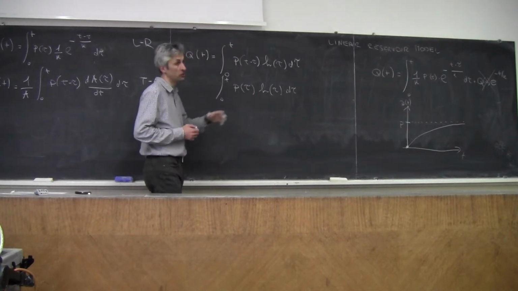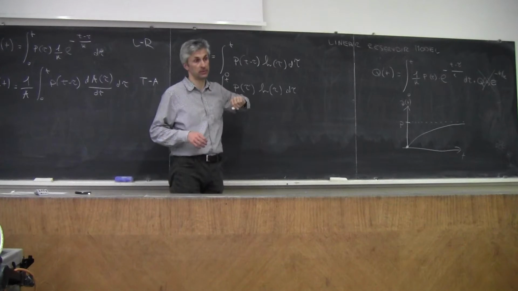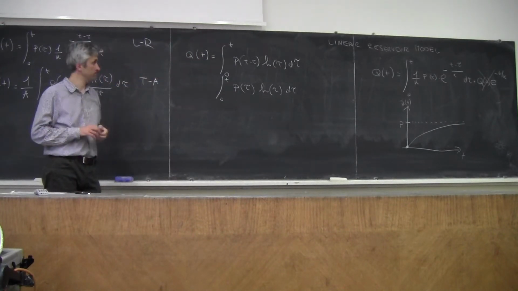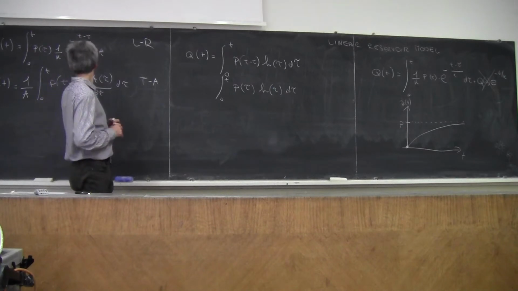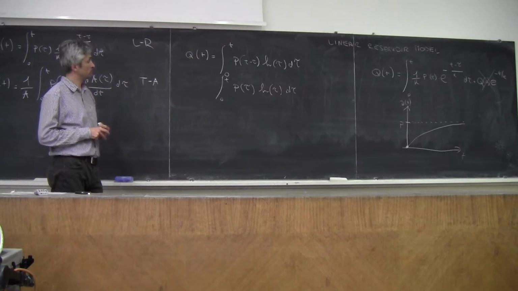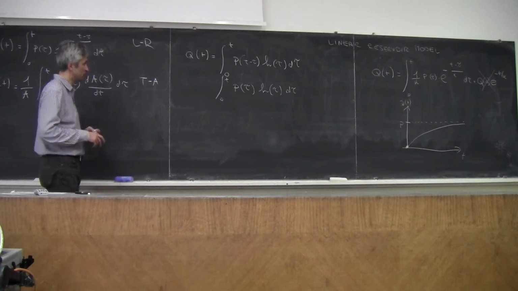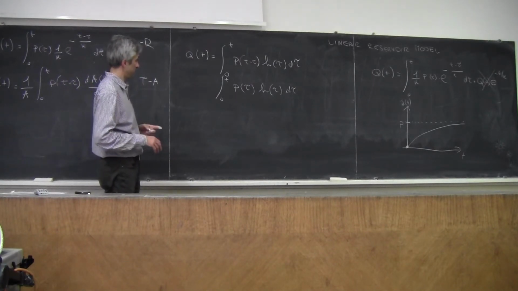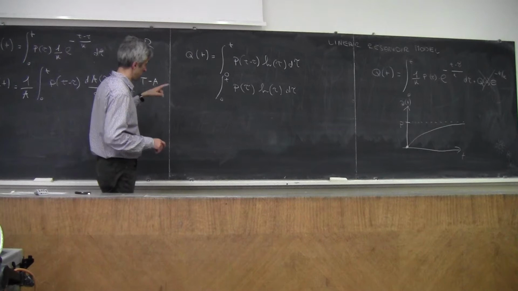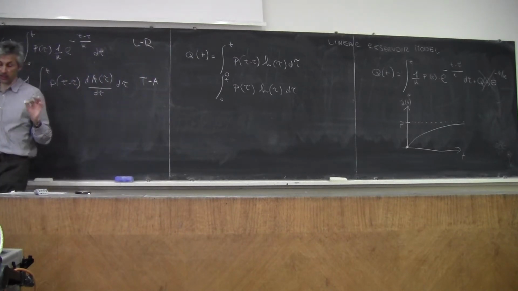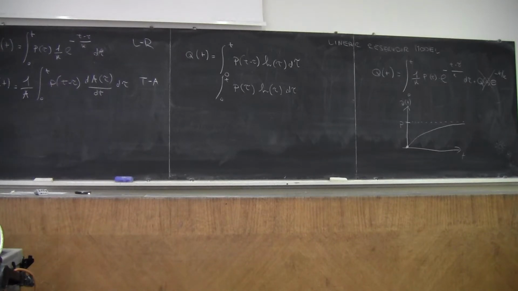It depends on how you define this h(tau), and that's it. Okay, and of course, as I said, this one is very general, and basically it could also include other formulations.